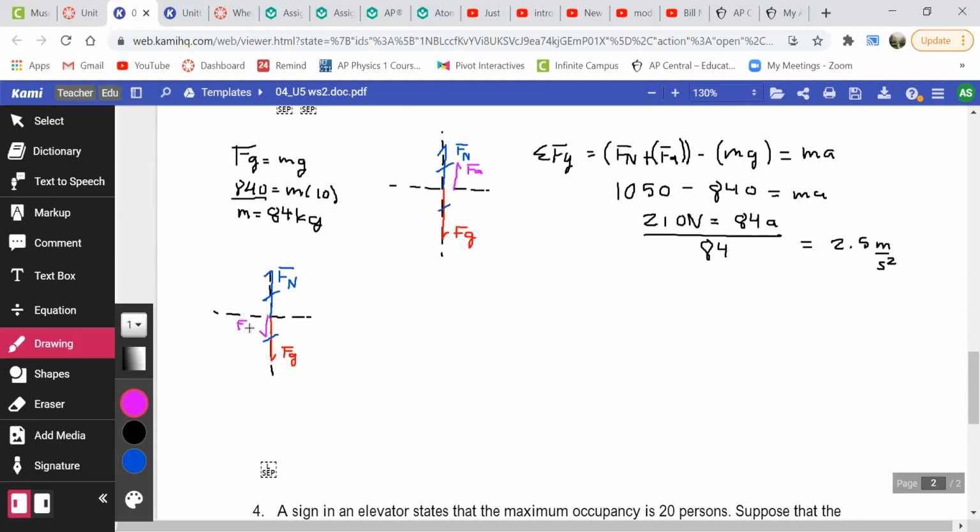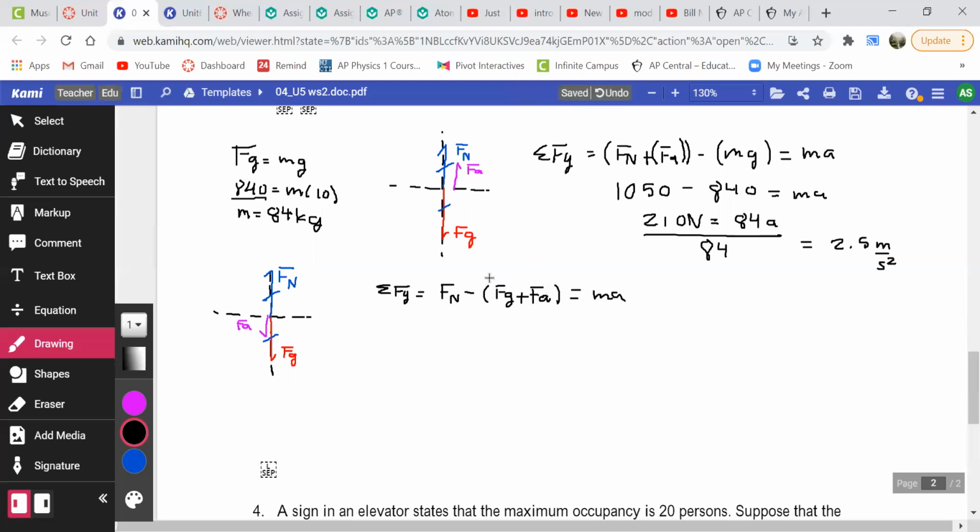So the applied force here is downward. We do the exact same thing we did last time. We set up the sum of forces in the y direction. The only thing that changes is that it's normal force minus Fg plus Fa here, and this equals ma.